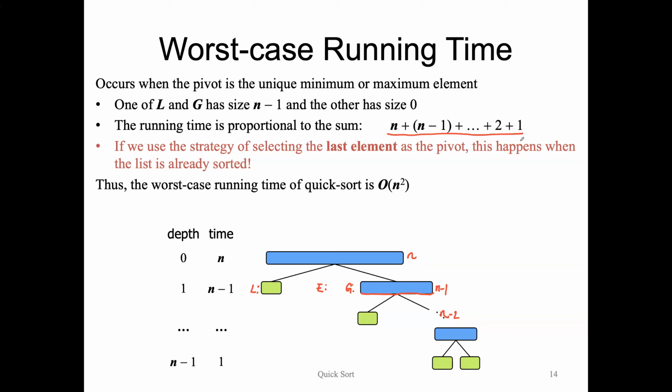We could show that this worst case situation occurs when we select any fixed element. So even if we picked the middle element as the pivot each time, we could create some sequence so that that middle element, whichever one we pick, is the unique minimum, for example.